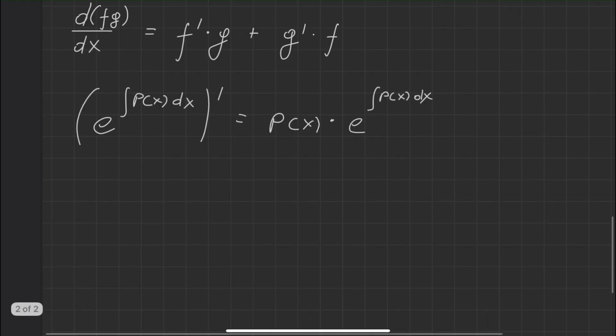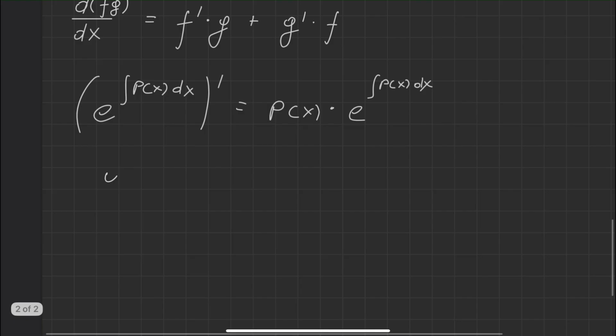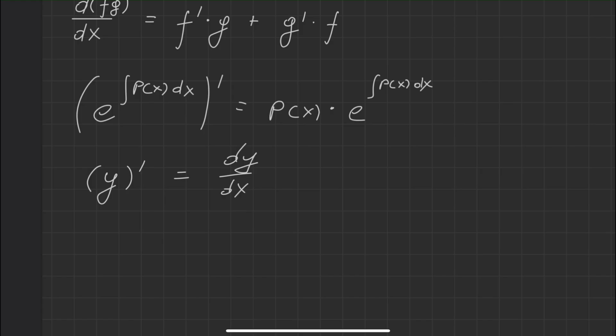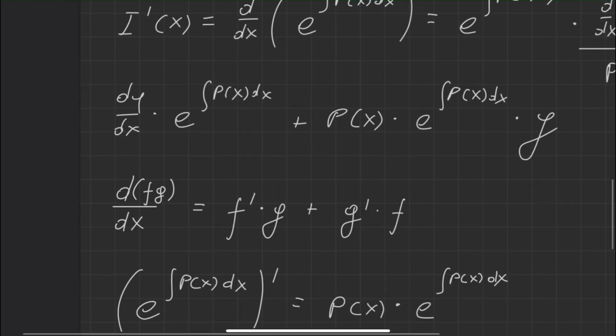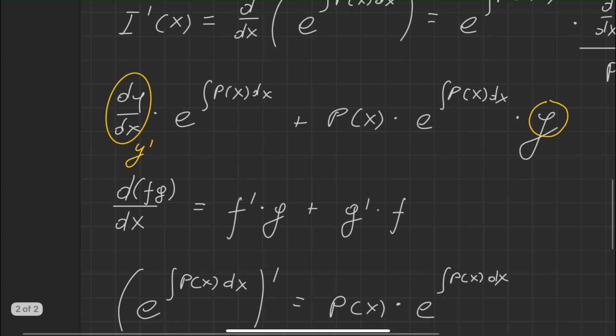Now, of course, we also know that the derivative of y is simply going to be dy dx. So notice right now in our integrating factor expression, this is nothing else than y derivative. This is obviously here just y. And then here, this part is our I of x.